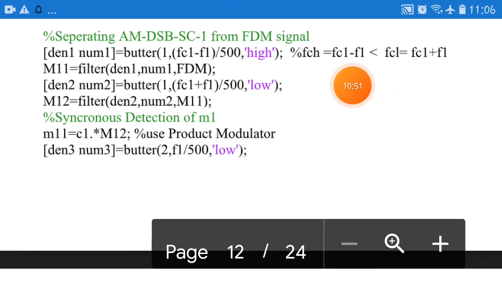This is the cutoff frequency of the high pass filter, and this is the cutoff frequency of the low pass filter. So call the butter function with these arguments.